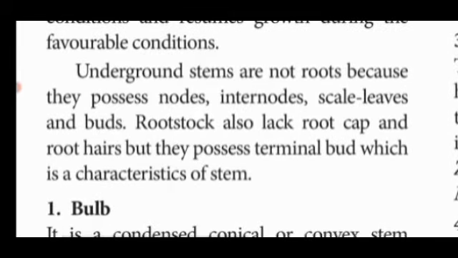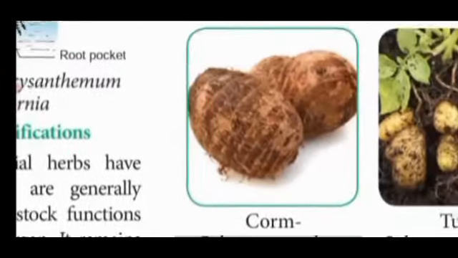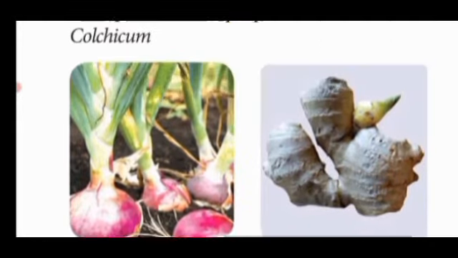The root stalks also lack root caps and root hairs, but they possess terminal buds, which is the characteristic feature of the stem. The types of underground stems are bulb, rhizome, corm and tubers.